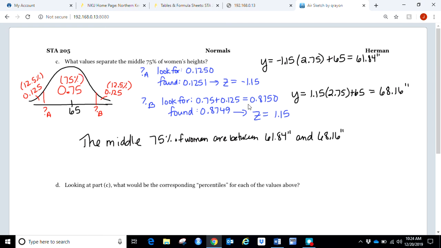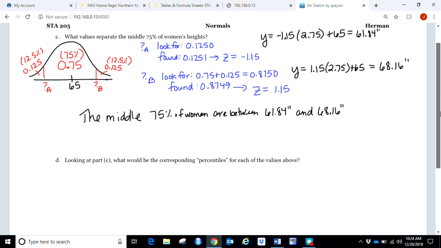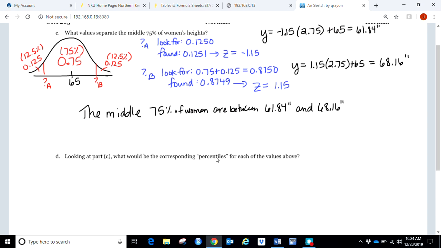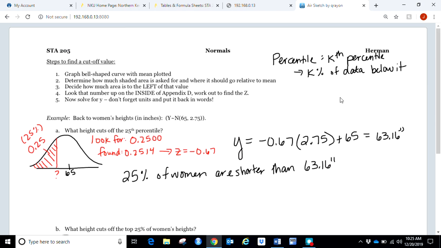Alright, finally, just to understand the idea of percentiles a bit better, we're going to figure out what percentiles were each of these values above. So this 61.84 inches, what percentile does that correspond to? Well, recall a percentile has k% of the data below it.